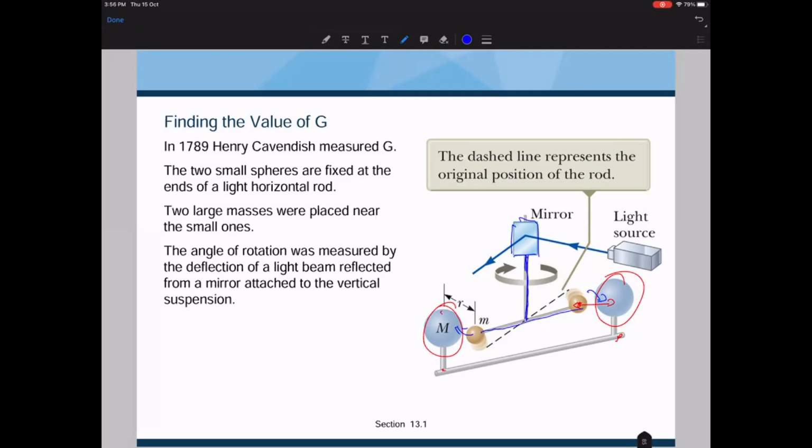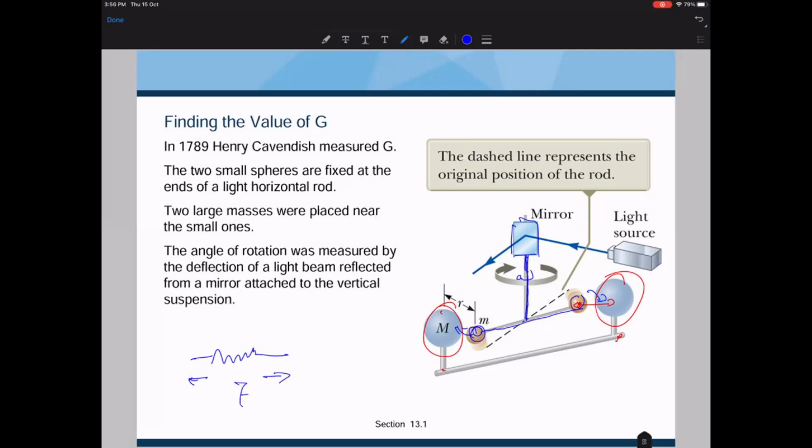So if the small particles rotate, the wire would rotate as well, just like you are twisting a string. And this twisting of the string, of course, requires a torque. Kind of like you are extending a spring with a force.